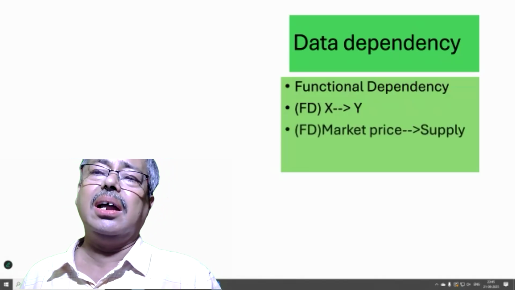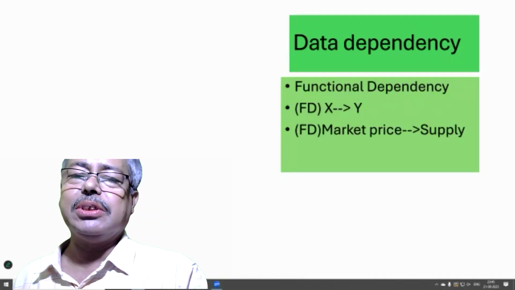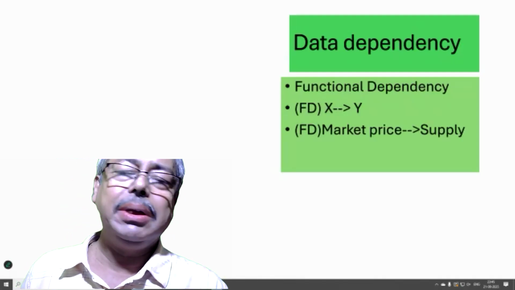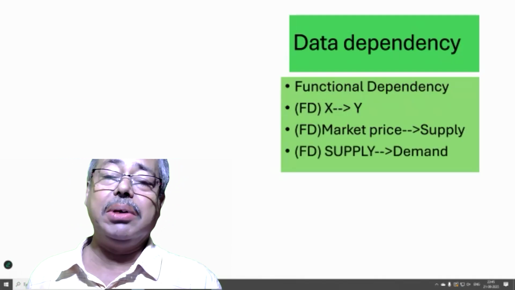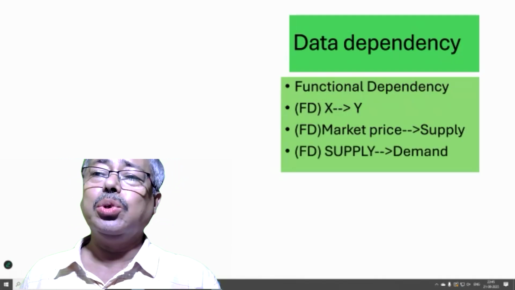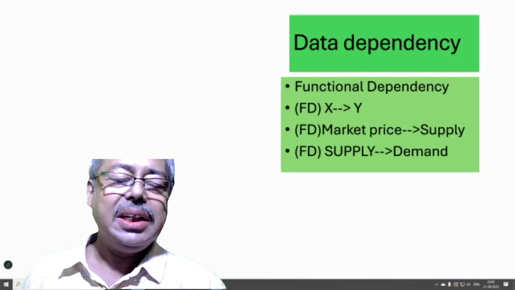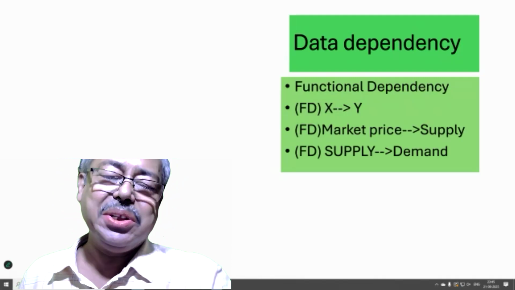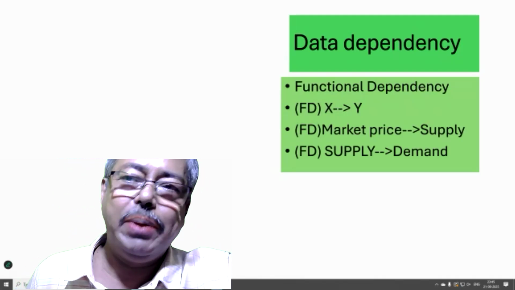If we see, market price depends upon supply. It is a very simple matter. And on the other hand, supply is dependent on demand. So in every case, dependency is a figure. If the dependency is vanished, the relational database management system has no value.